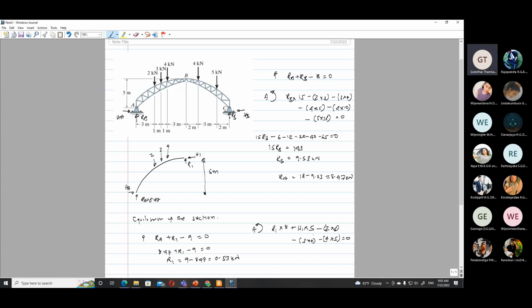So R1 is 0.53. So 5H1 is equal to 3 into 2, 6, 3 into 4, 12. So 6 plus 12, 18. 18 plus 20, so 38, minus 8 into 0.53. That is 4.24.